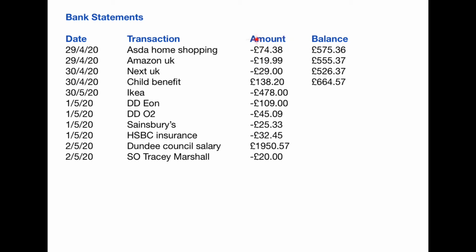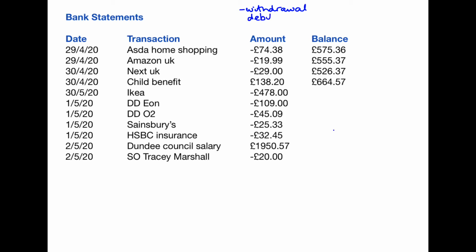Obviously the amount is fairly self-explanatory, the amount of money involved in the transaction, but if we have a look down here, some of these have got minuses with them and some of them haven't. A minus means it's been taken out of the account, it's money that's gone out of the account. So a minus means a withdrawal or a debit.